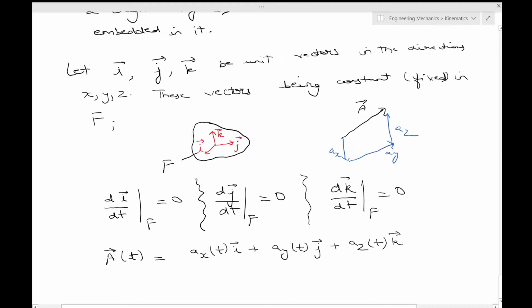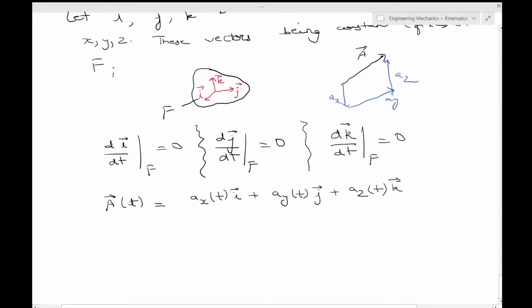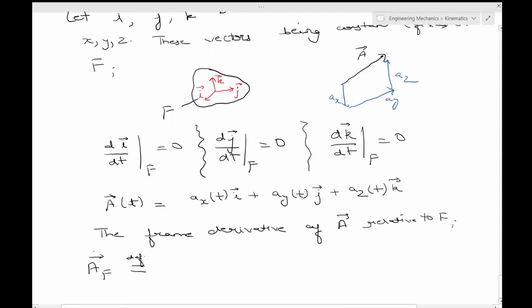So this is with respect to the frame F. Now you can define the frame derivative of A relative to F. So this is defined as A dot F, and I'm writing 'defined' so that you know exactly that we are defining it.